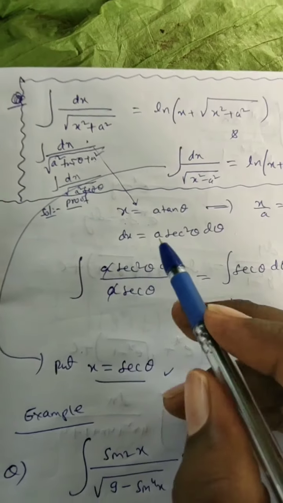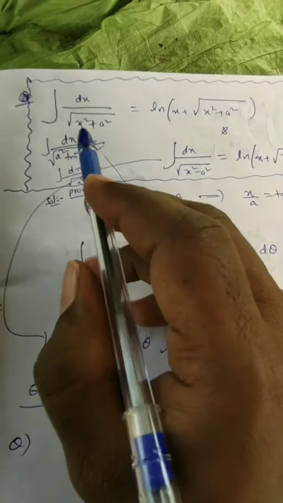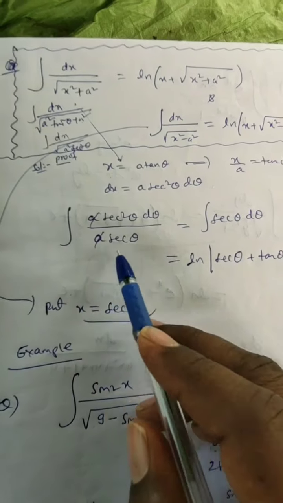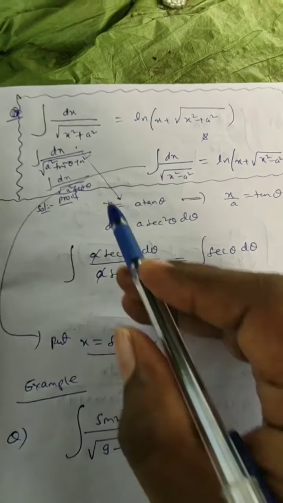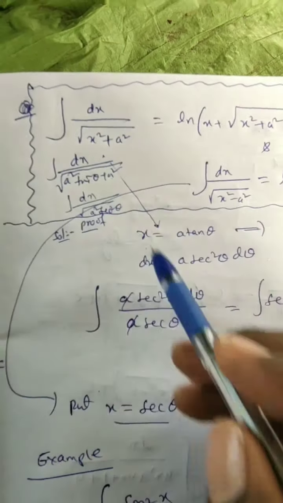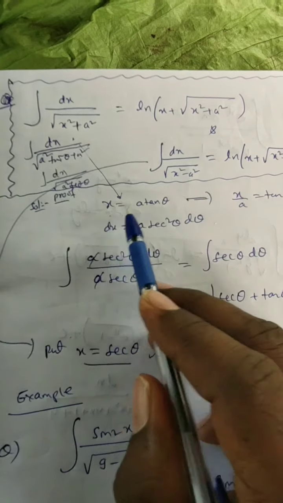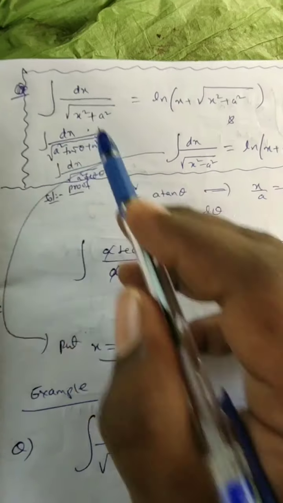The square root cancels, and you get a sec theta. So the denominator is becoming a sec theta when I substitute x equal to a tan theta.